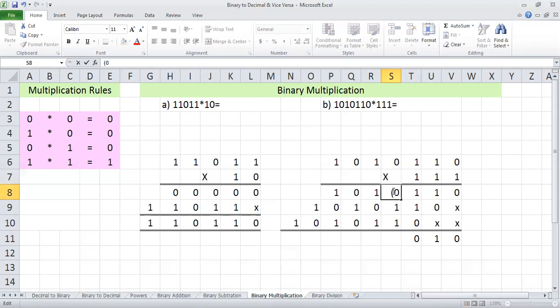So here I'm putting this 0 in brackets and I'm writing 1 here. Now this is 1 plus 1 plus 1. 1 plus 1 plus 1 is 11. So 1 you will write here and 1 will be carried forward.